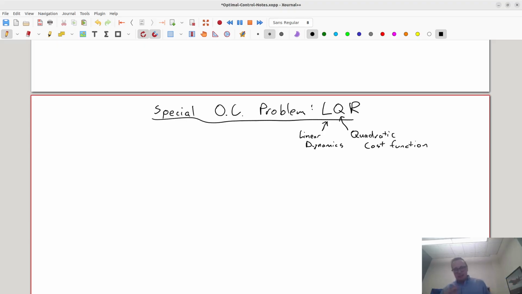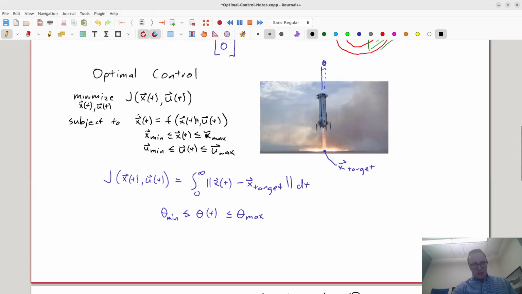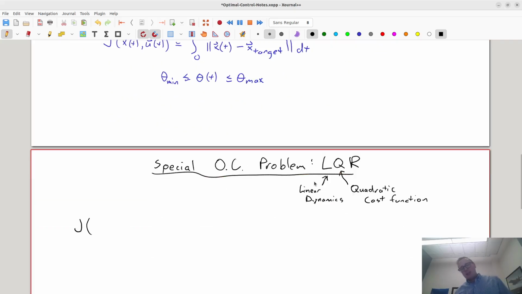So let's look at what the cost function is going to be. This is going to be J. We're trying to minimize this, and just like above, as we're minimizing this, we want to encode in this cost function the goal. And so the goal for LQR is to bring the state to 0. Now you can set a target state that's different than 0 and still use this technique, but we're going to formulate it where our goal is to always get the state to be 0.